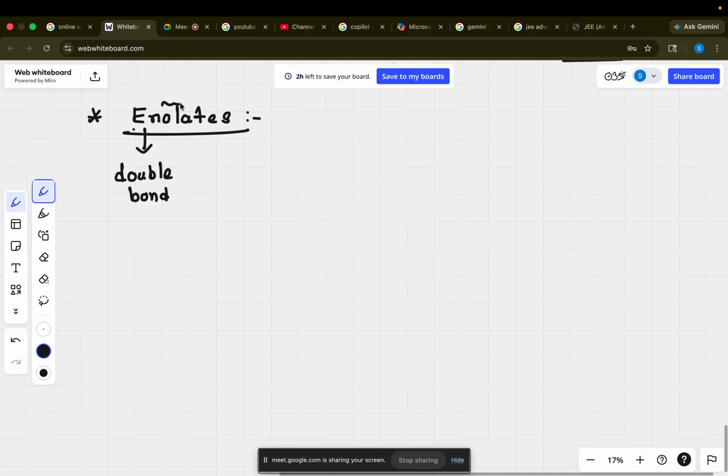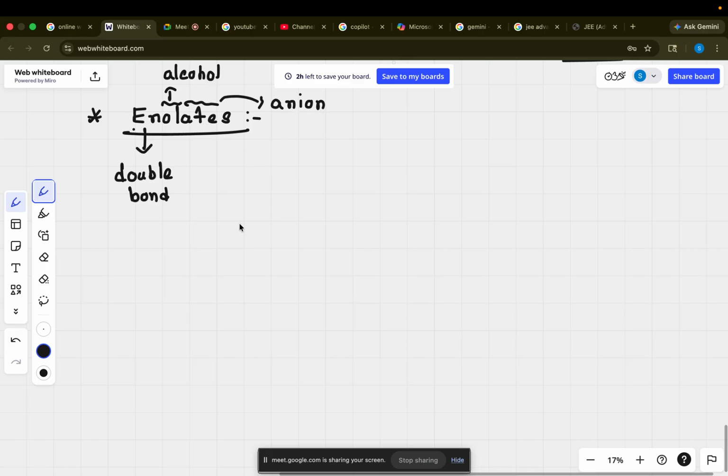And this "ol" means you have alcohol. So "en" stands for double bond, "ol" stands for your alcohol, and this "ate" stands for anion. So basically we have a double bond, we have alcohol, and we have anion. So this is your enolate thing.